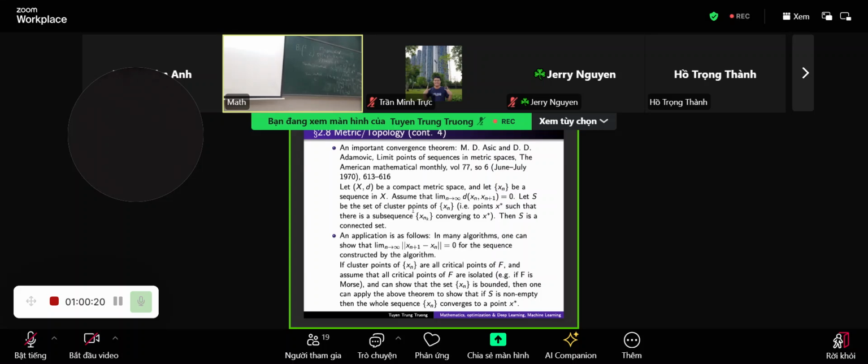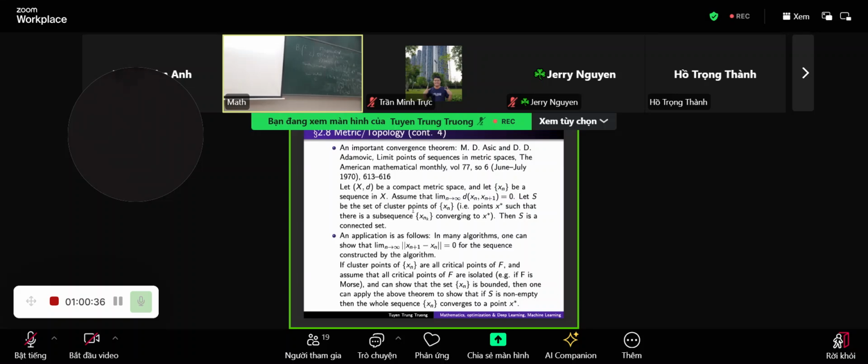Now if you want to literally apply this result, you want to know that this sequence xn is contained in a compact set, and there are some ways to assume it.